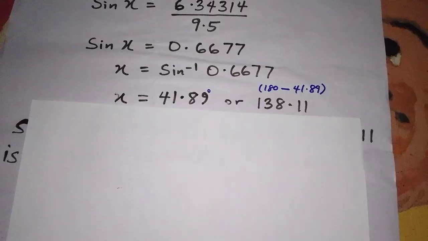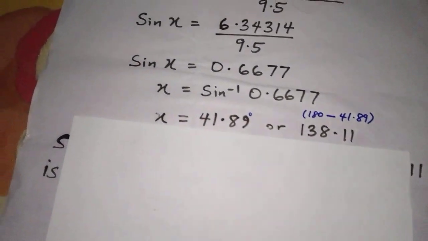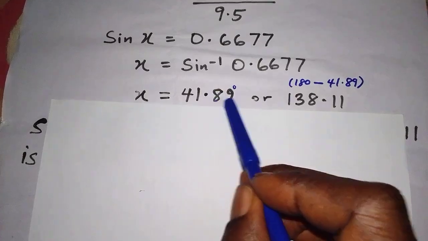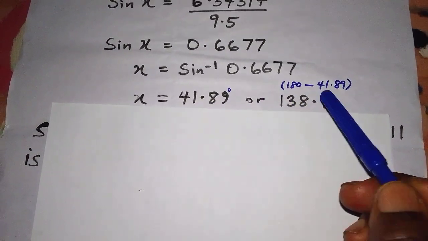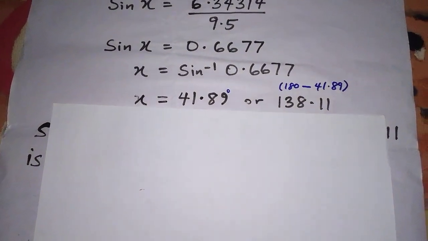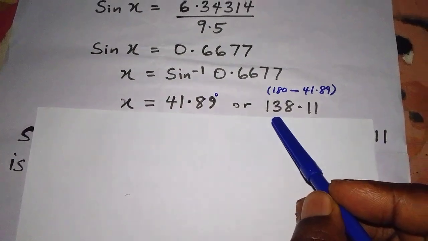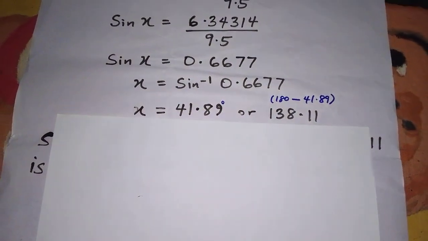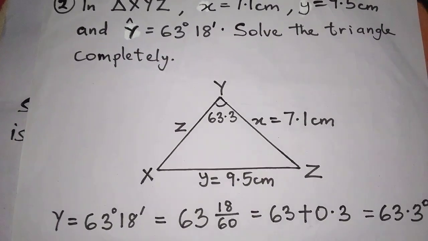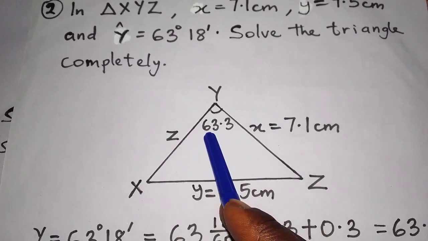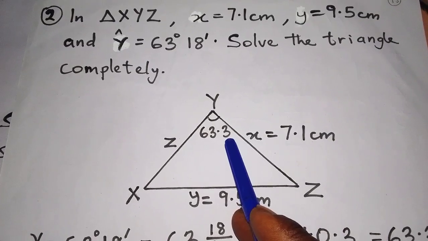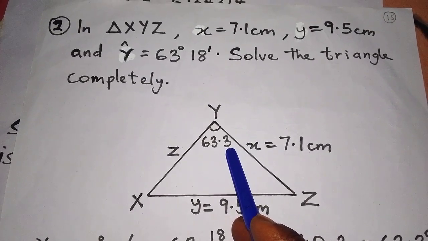Now, you also need to make a determination here. You need to know which of these two will be the answer. You realize that if you take 138.11 and add it to the first angle that is given, 63.3, it is going to give you a value that is more than 180.